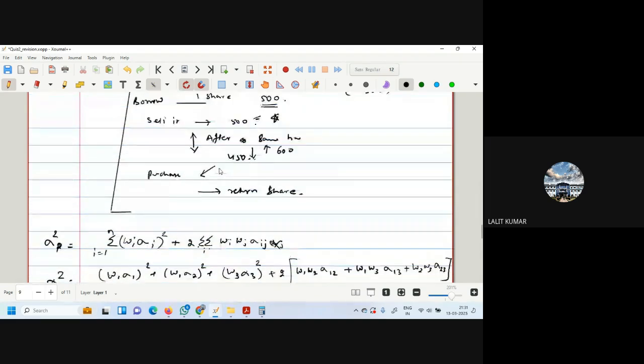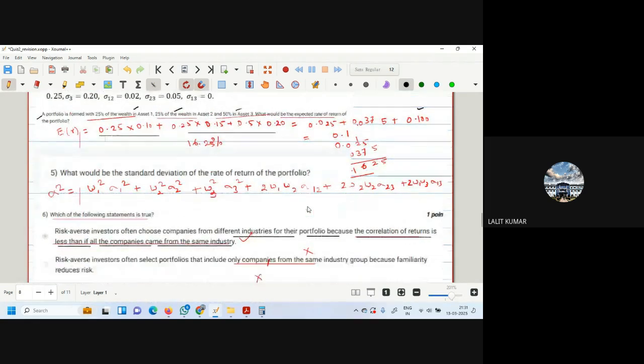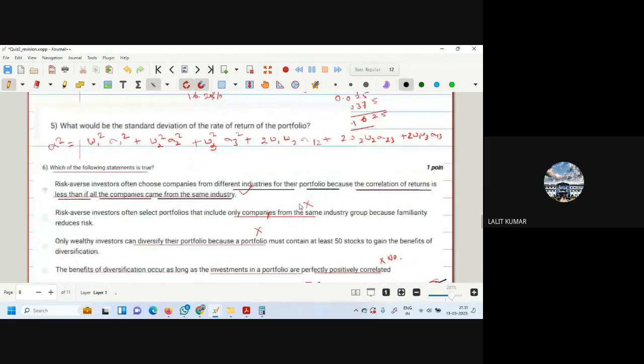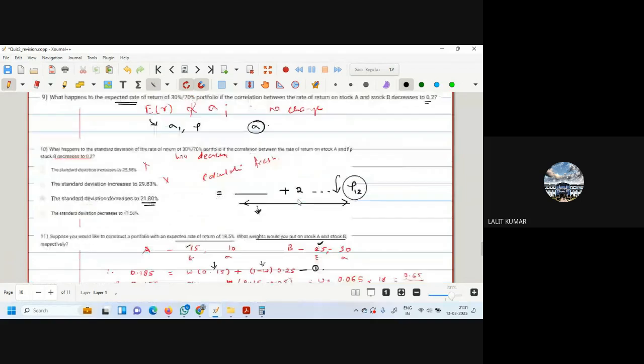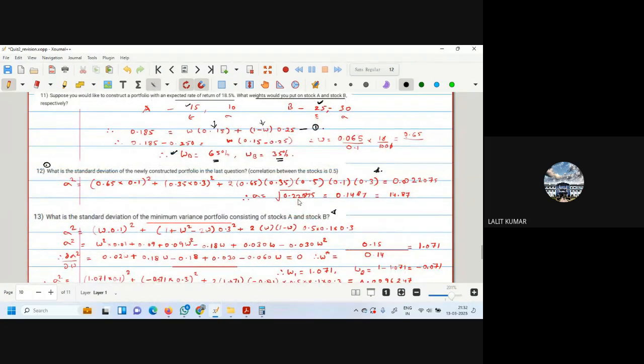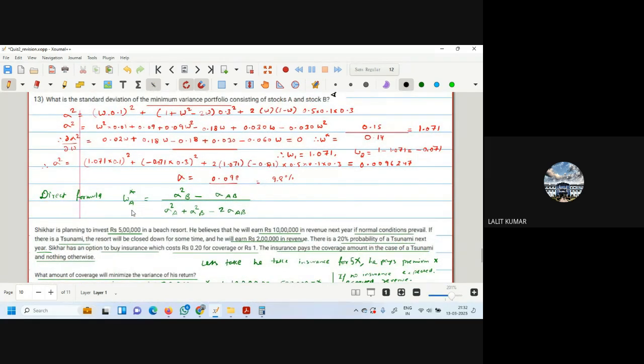I'll just share the formula. So this part we've done. Minimum variance, okay, this is the formula. WA star is equal to the variance of B minus the covariance of AB, divided by the variance of A plus the variance of B minus 2 times the covariance of AB.